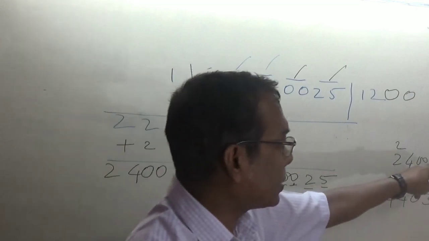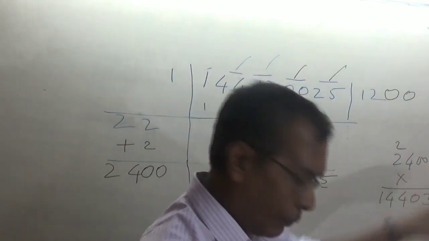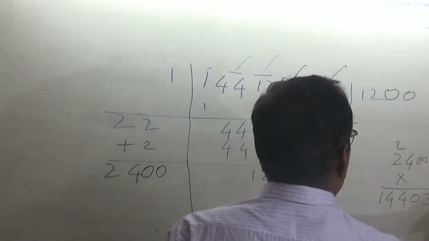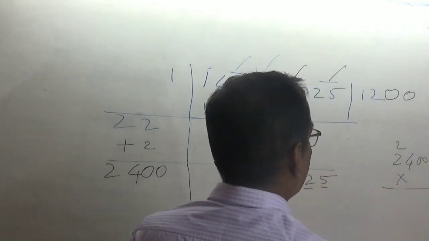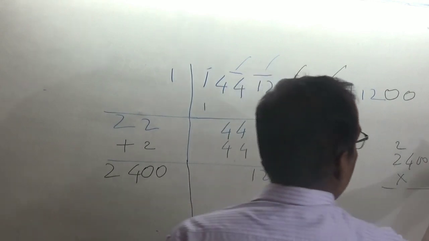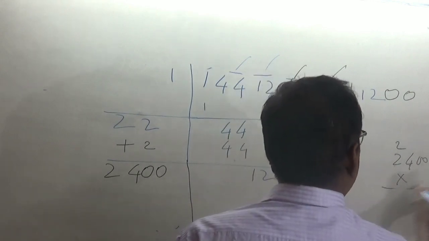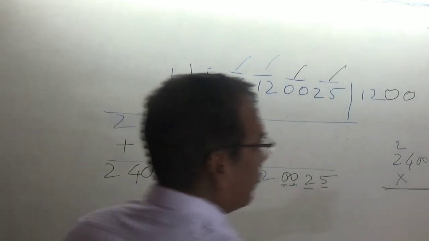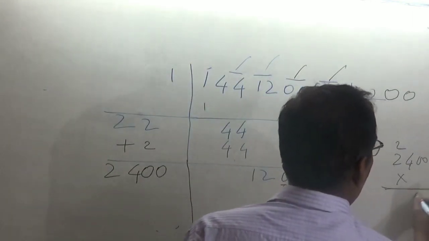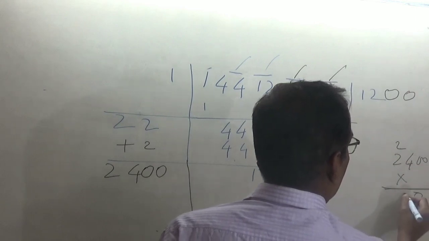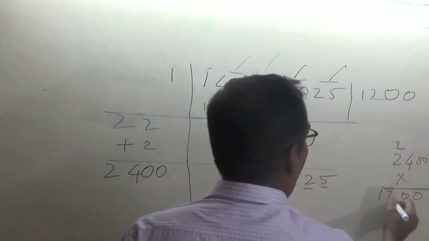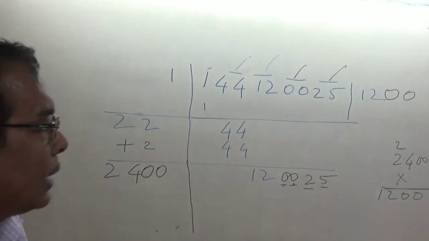So take the test in place of 6. Now it is 5. So I am going to rub this out and put 5 here. Take the test with 5. You are guessing that most probably with 5 it will come, because 5 fives are 25. 5 fives are 25, 5 zeros are 0, 5 fours are 20, carry 2, 5 twos are 10, plus 2, 12. Exactly the same number has come.